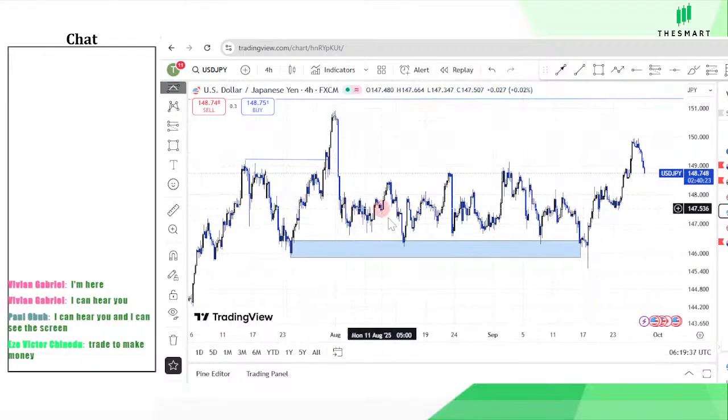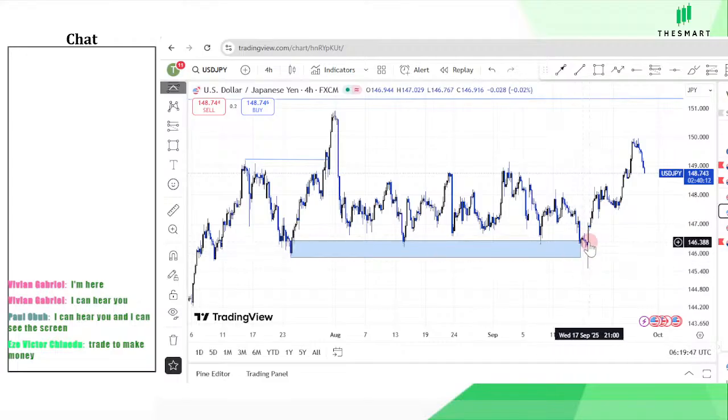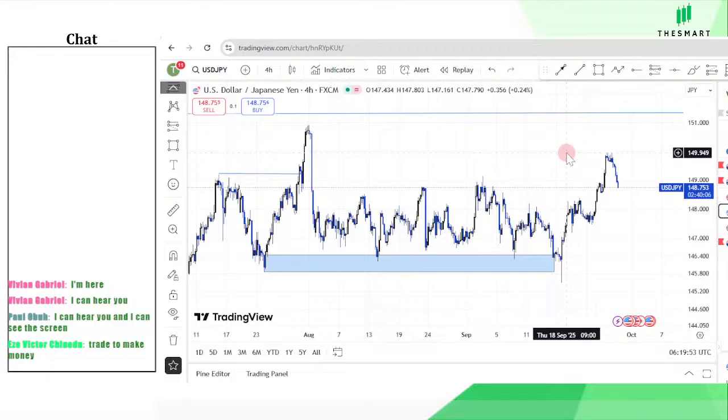Price has actually come back to it, tested it, and on the 1 hour there was a refinement at this point, which we were waiting for price to come back to before the news event we had that day. Price tapped in, took us out, then continued to the upside.